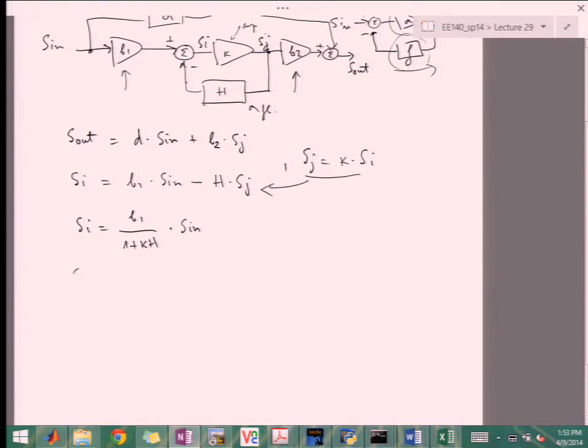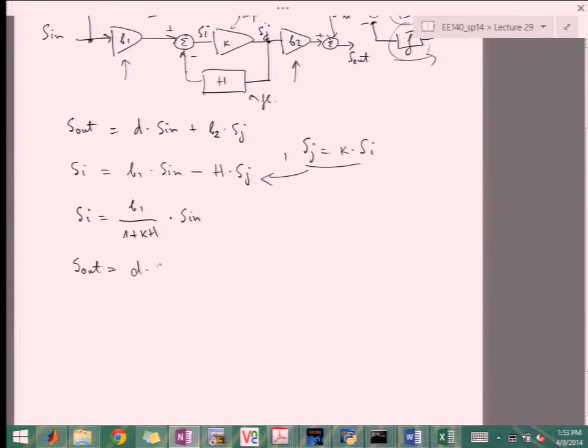And then we can write that Sout is D times Sin plus B2 times K times Si. Again, we're taking Si from here, putting it into here, and then Sj into this equation.